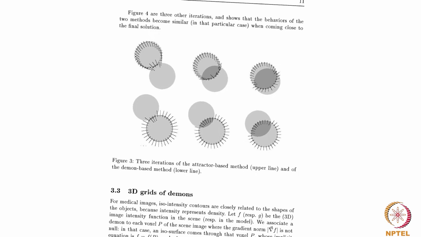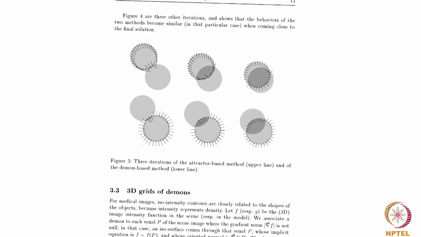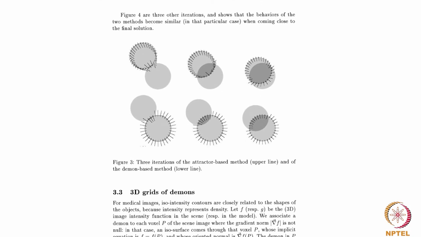These spikes basically show your gradient pointed along, which is basically pulling outward, except in the region of overlap here, where it's actually dragging the other disk inside. So you're trying to match these two disks, right?